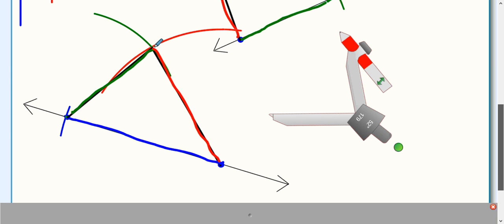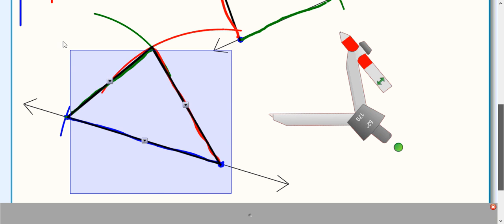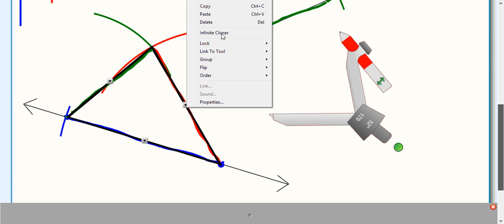So now we just need to look, are these triangles the same triangle? To do that, I'm going to trace this triangle. Now I'm going to grab it.